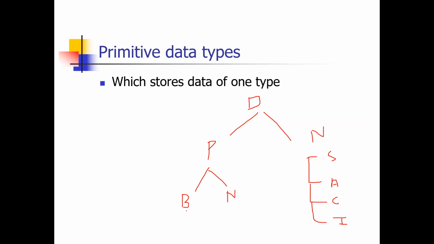In primitive, Boolean and numeric. If it is Boolean, only Boolean will be used here, B-O-O-L-E-A-N. Only one type, Boolean. But if it is numeric, numeric can be character and it can be integral. In character, only char will be used.